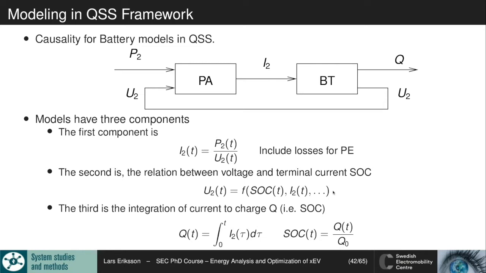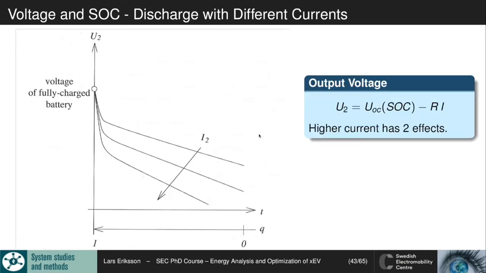So looking at this relation here that has both state of charge and current, we can make this type of experiment where at time 0 we start to pull out a certain current, I2, and this I2 is small here, it's bigger, and it's the biggest here. And then we start to monitor what is happening with the voltage out of the battery.